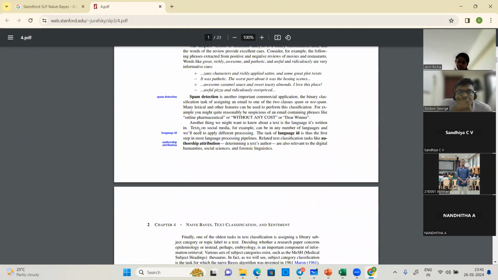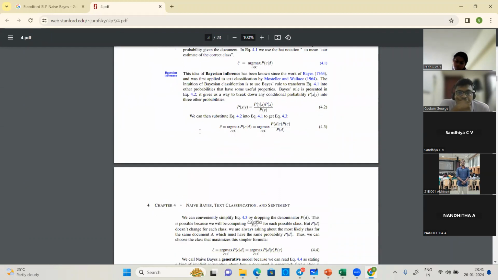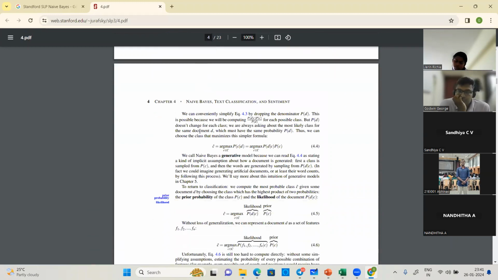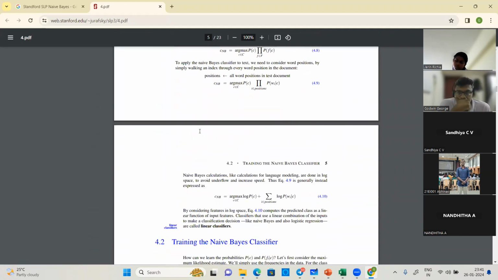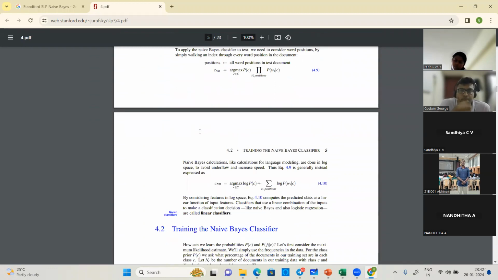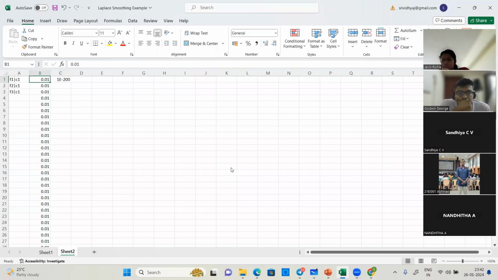No, they haven't brought this issue up here. They just mentioned this to avoid underflow effect. I'll tell you what it means. Basically, when you work with very small numbers, your programming language may not be able to multiply and then compute. I'll give an example.